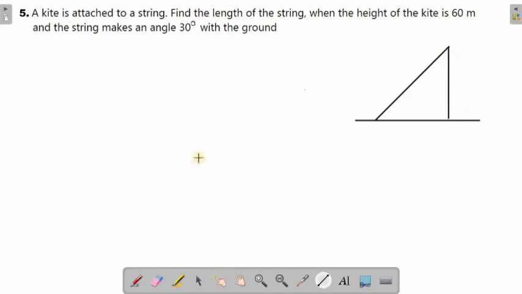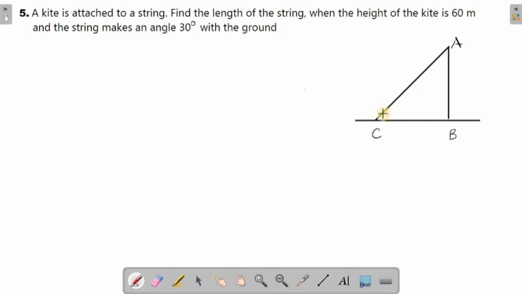Now according to the question, suppose I call these points A, B, C, where AB represents the height of the kite. What does AC represent? AC represents the length of the string. Remember, this represents the length of the string.